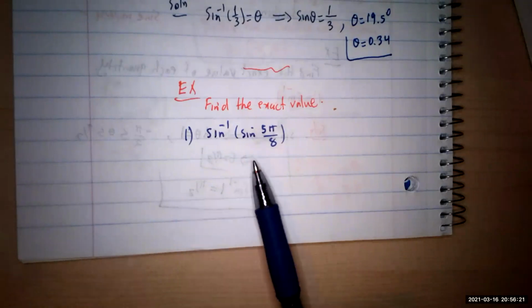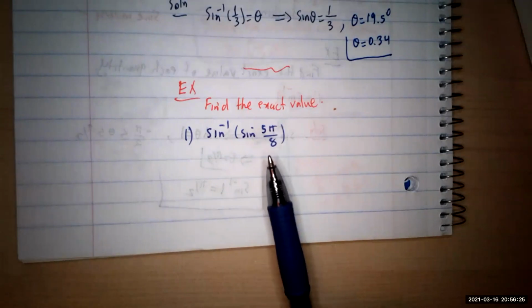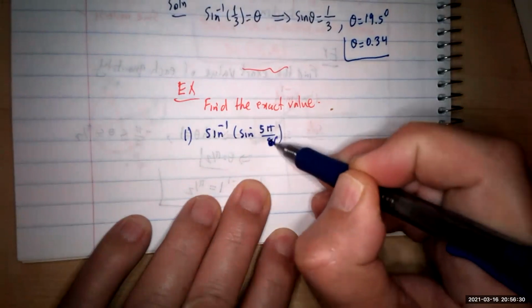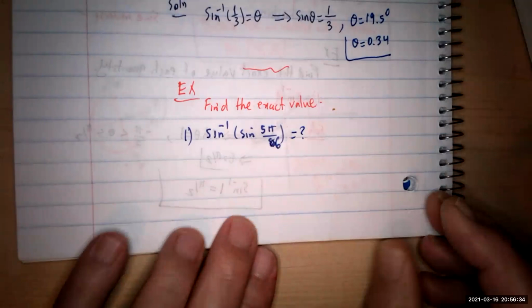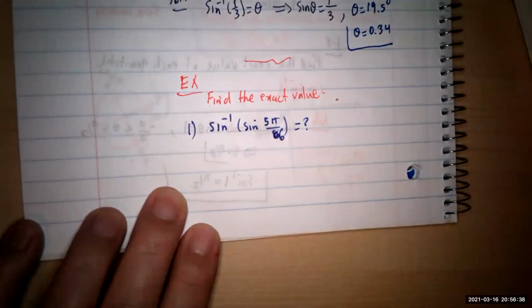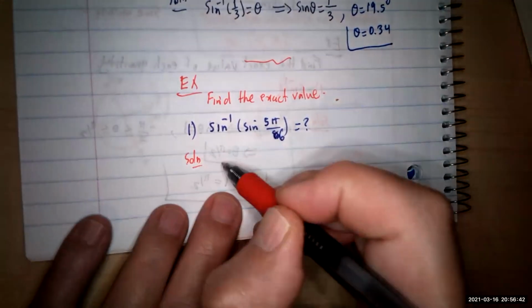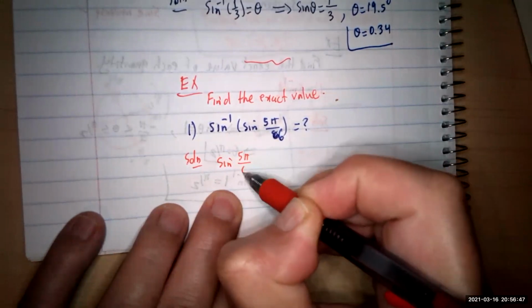So what we do is find the sine of 5/8. Sorry, let's call it 5/6 to be able to find it. The solution is going to be: we go to the table and find the sine of 5/6 pi.